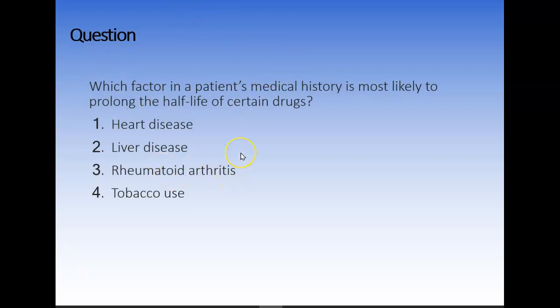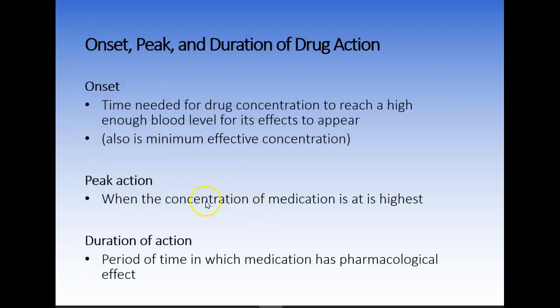Then we have rheumatoid arthritis, which, if you look it up, you'll learn is an autoimmune disease, so it's the body attacking itself, which shouldn't really have anything to do with the half-life of drugs. That leaves me with the heart and the liver. What does the heart do? The heart's a blood pump. The heart is not in the business of metabolizing drugs, right? So only the liver is in this group. So that's what we're going to choose, the liver.